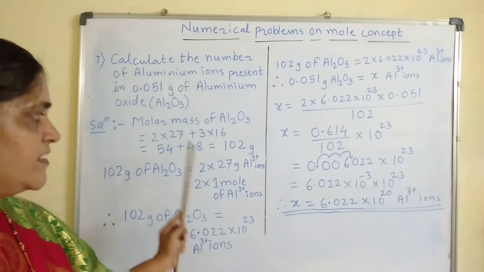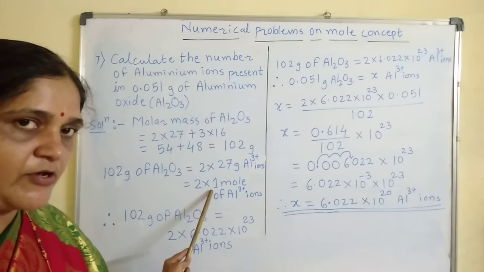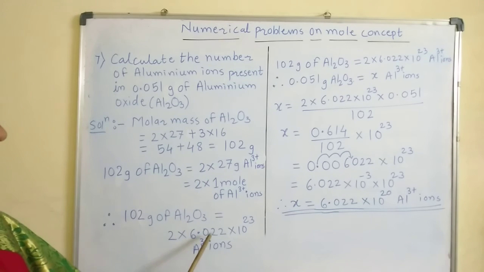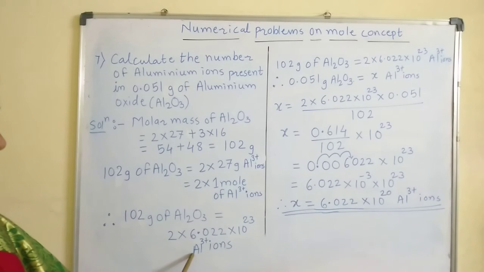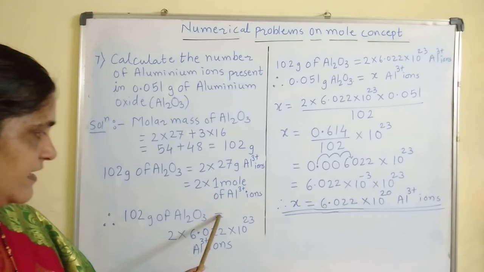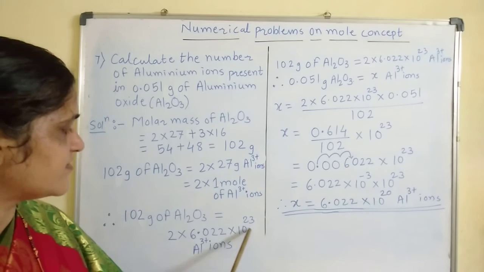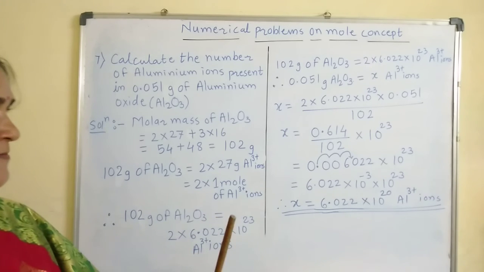Molar mass of the aluminum ion means 1 mole of aluminum ion, and 1 mole of aluminum ion means 6.022 into 10 raised to 23 aluminum ions. Therefore, 102 gram of aluminum oxide contains 2 multiplied by 6.022 into 10 raised to 23 aluminum ions.